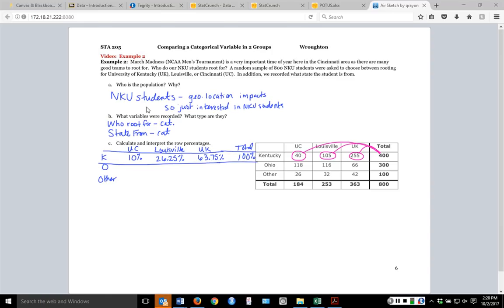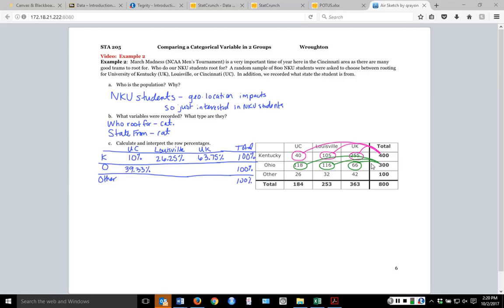I'll create my little chart here. This will have to be 100%, and this will be 100%. So now, for Ohio, we're going to take each of our numbers here and divide by the 300 instead. So I'll take my 118 divided by the 300 to get my row percentage there, which will be 39.33%.